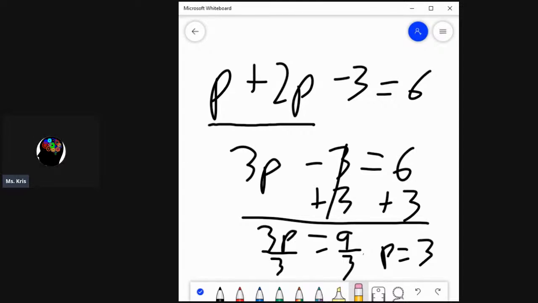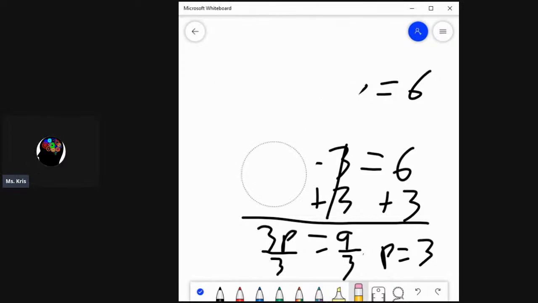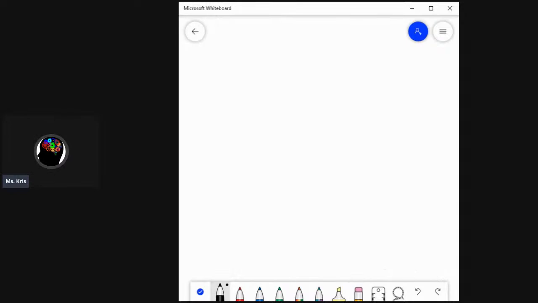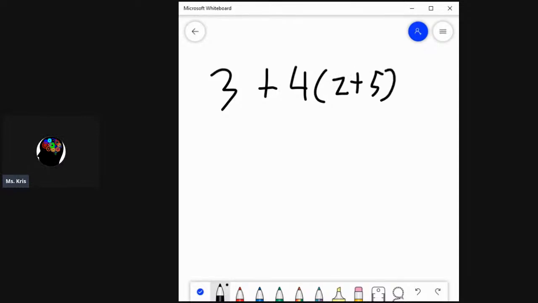All right. Next, I'm going to do an intermediate multi-step problem. And that would be 3 plus 4 times z plus 5, and that equals 31.